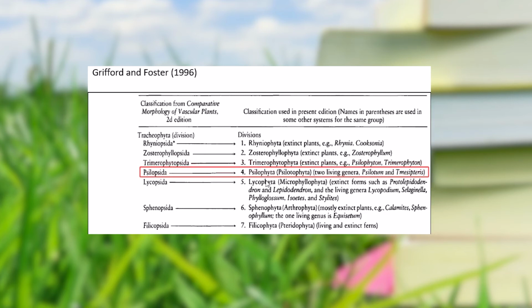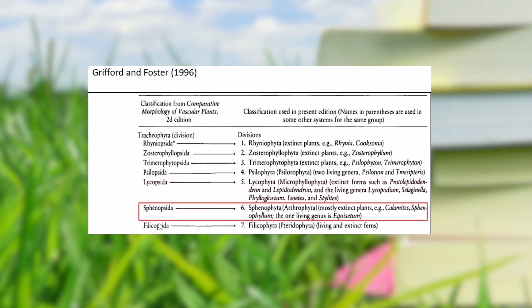Psilopsida became Psilophyta, having two living genera, Psilotum and Tmesipteris. Then Lycopsida became Lycophyta, with extinct forms like Protolepidodendron and Lepidodendron and living genera like Lycopodium, Selaginella, Phylloglossum, Isoetes, etc. Sphenopsida became Sphenophyta, consisting of extinct plants like Calamites and Sphenophyllum and one living genus, Equisetum.